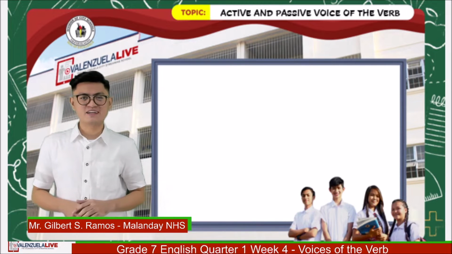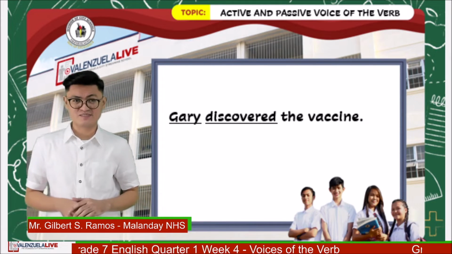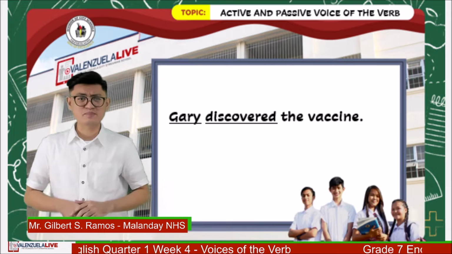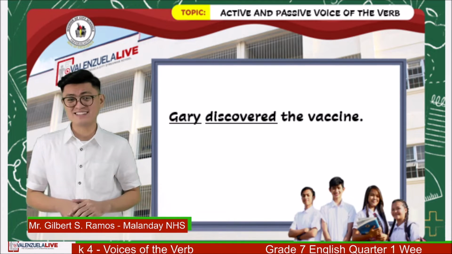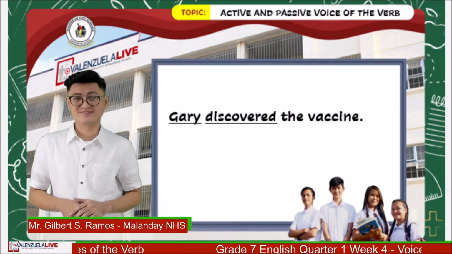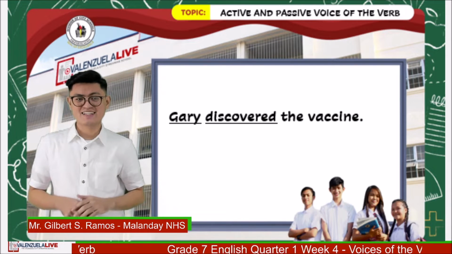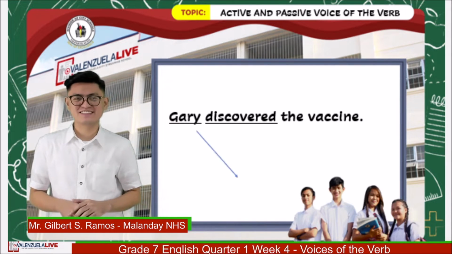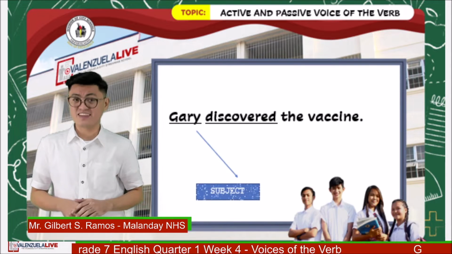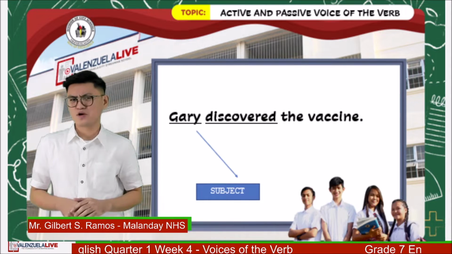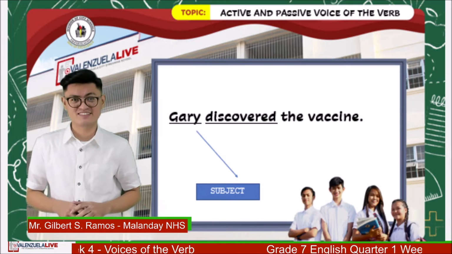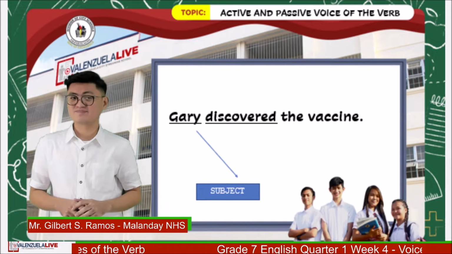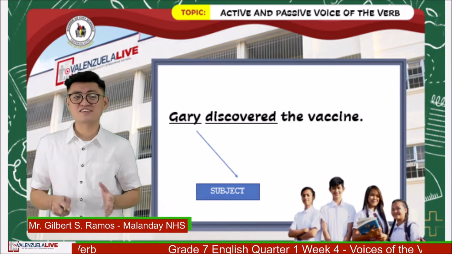Let us go back to the given sentences. Will you help me identify the subject in sentence number 1? That's correct. Gary is the subject. What is the verb in the sentence? Discovered.